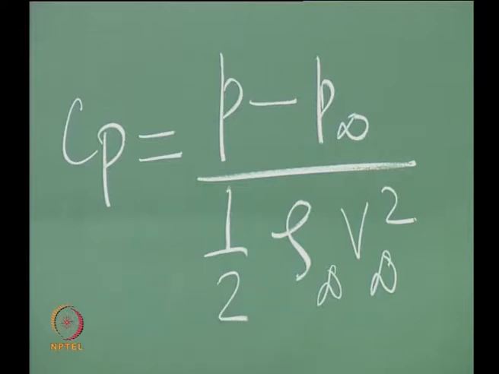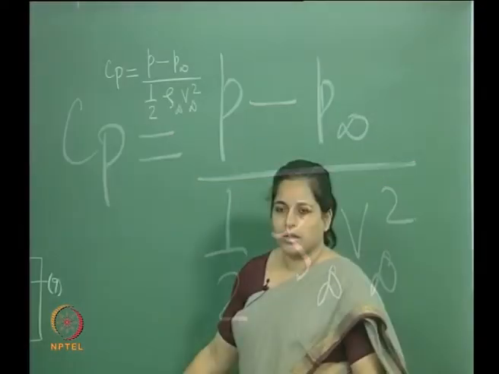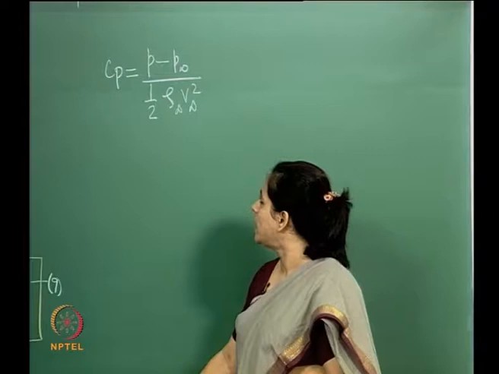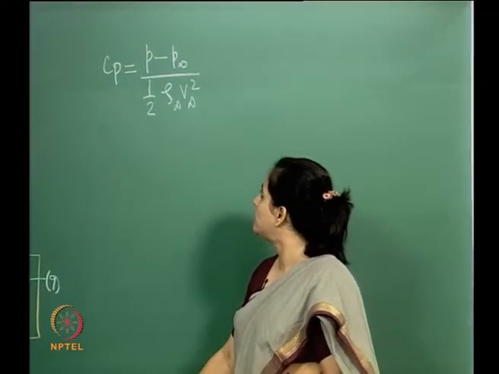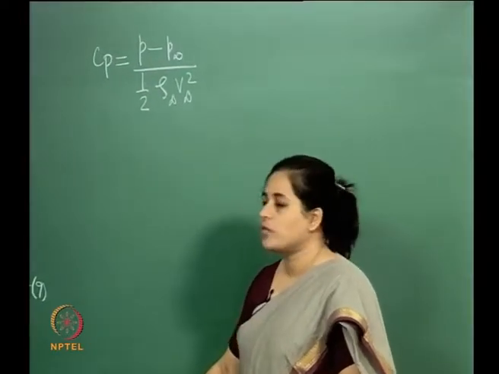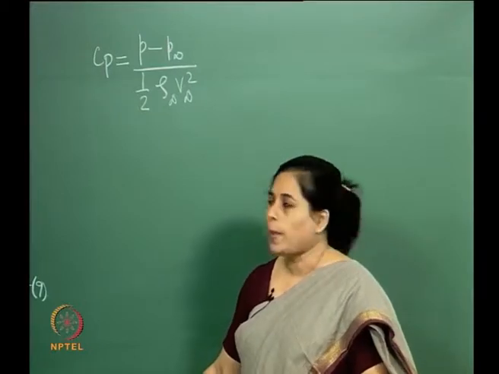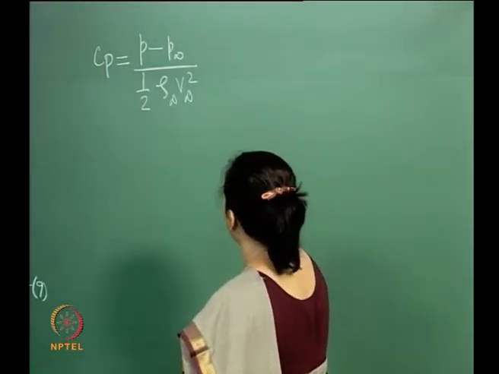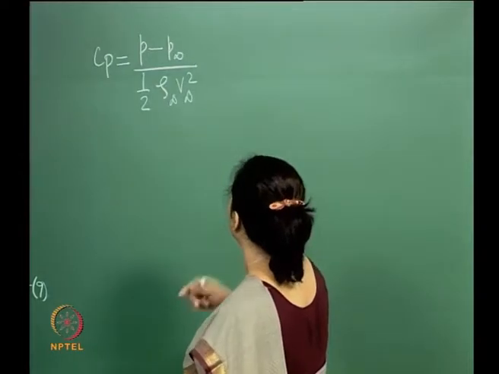So, this is our surface pressure coefficient. Okay. So, now we need to get an expression for this over the wavy wall. Let us see how we will do that, or if we can do that from here or not.